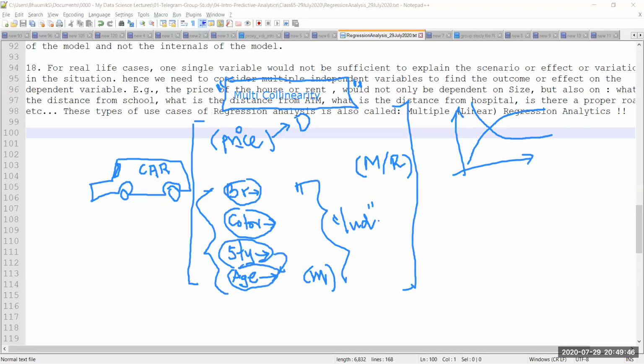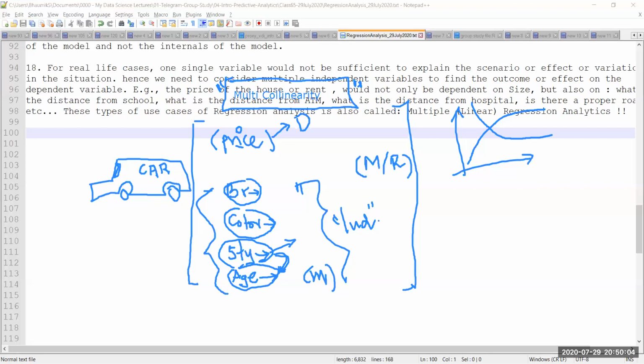Okay, maybe this is not a very good example, but let's try to imagine for some time that maybe the style of the car impacts the age of the car, or vice versa. Maybe when the car gets aged, the style of the car deteriorates.